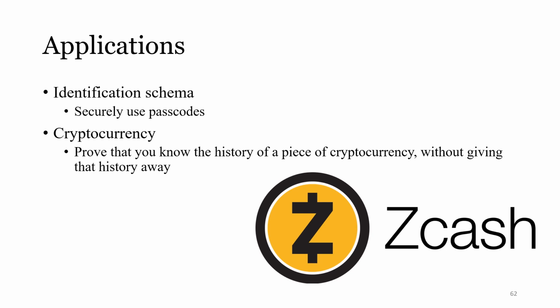So one way that you can get around that using zero-knowledge proofs is to prove that you know the history of that piece of cryptocurrency without giving away exactly what that history was. And there is actually a cryptocurrency that you can see here called Zcash that implements that exact concept.